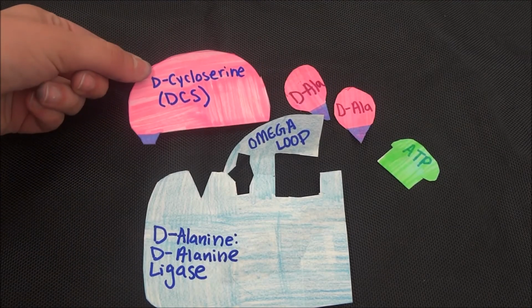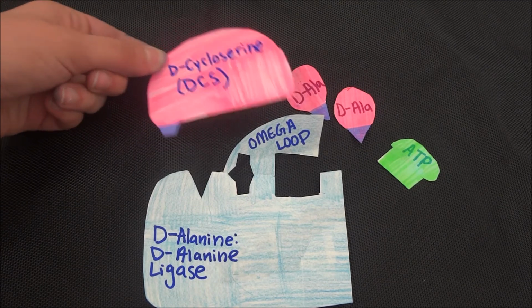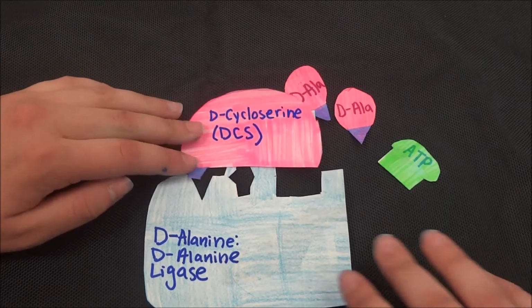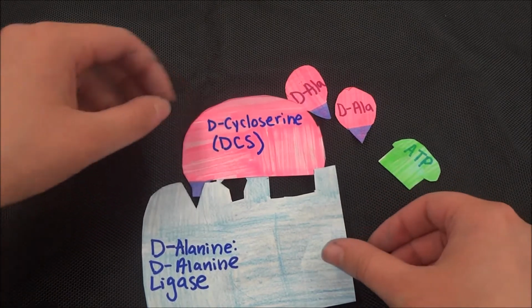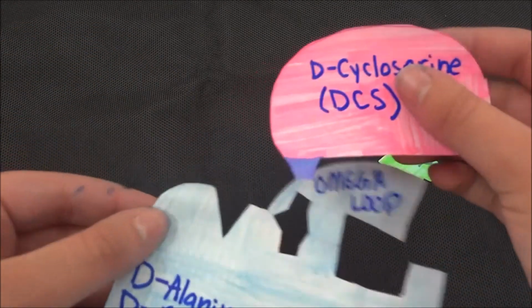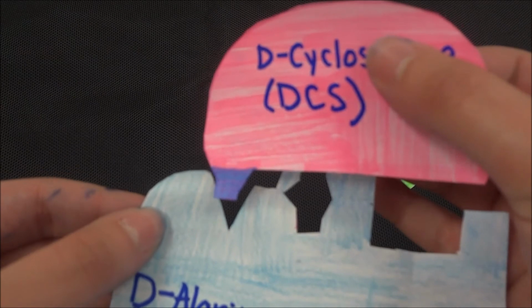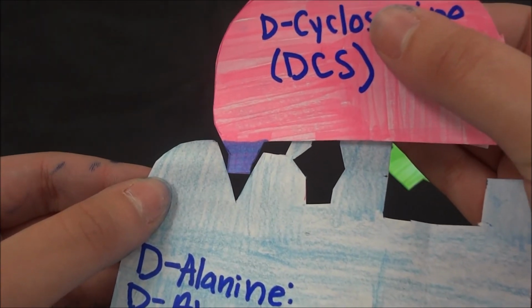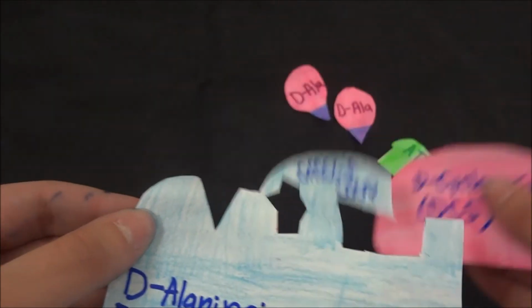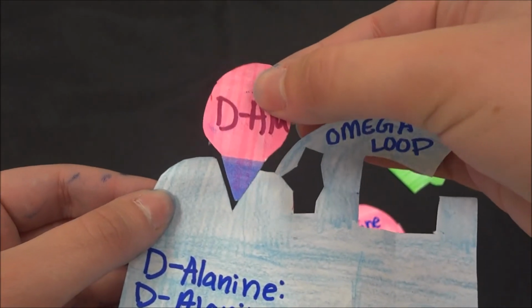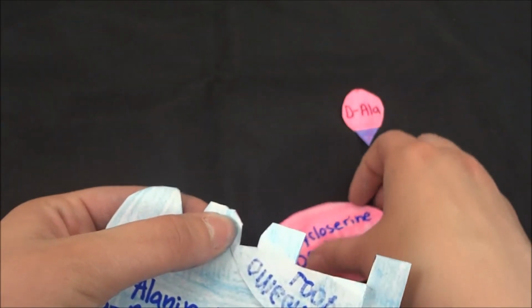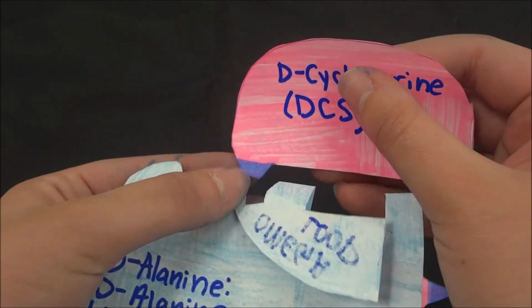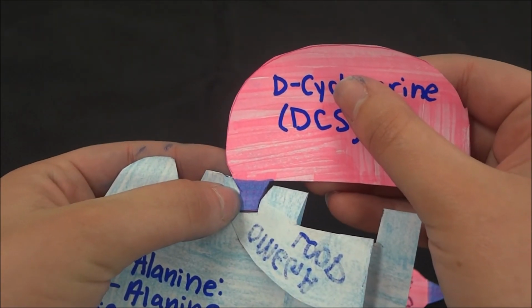Another way that DCS can inhibit D-alanine-D-alanine ligase is by binding at the first site that the first D-alanine was supposed to bind. Notice that we made our model to make DCS kind of fit in the first active site, but not as well as D-alanine can fit in the first active site. Notice that in the model, DCS fits so much better in the second active site.